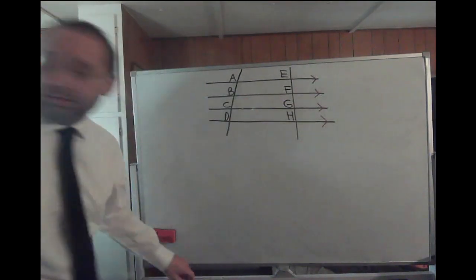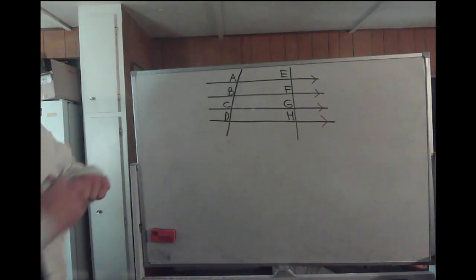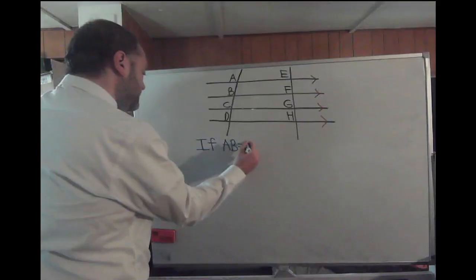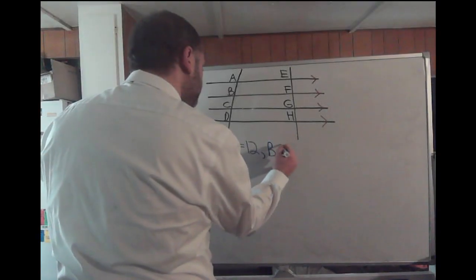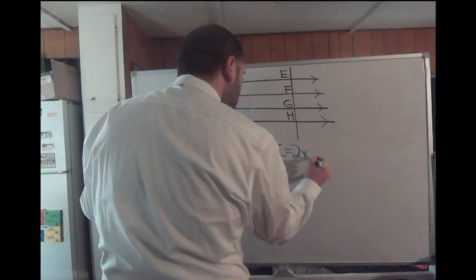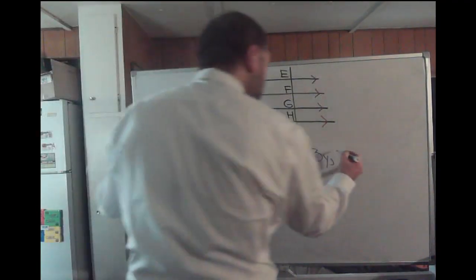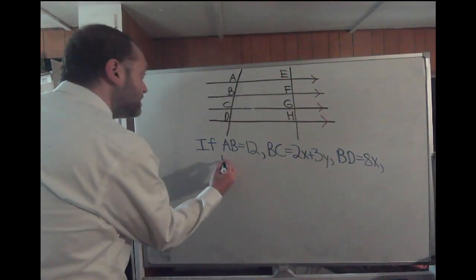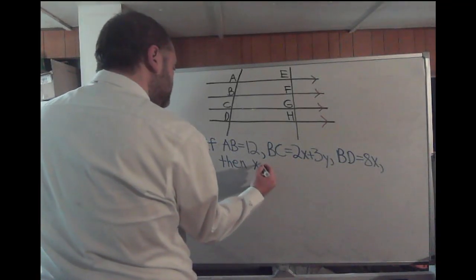All right, what's next? If AB equals 12, BC equals 2x plus 3y, BD equals 8x, then x equals what?